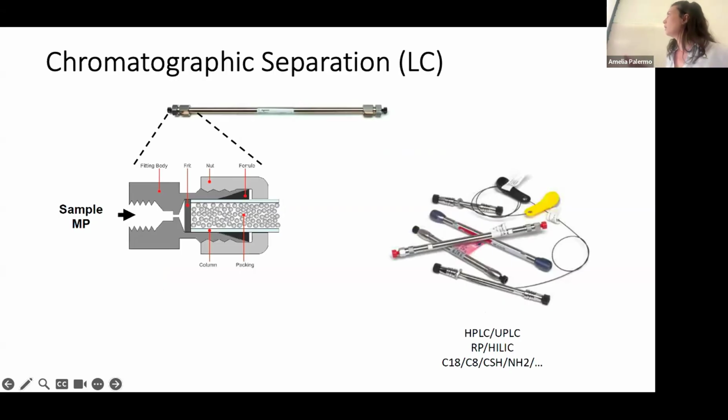So that's how it looks on the millimeter scale on the left. On the right, that's how it looks operationally in the lab. You have probably seen these columns many, many times, and different types: reverse phase, C18, HILIC. All these names refer to different types of stationary phases, and also the technology of the spheres.